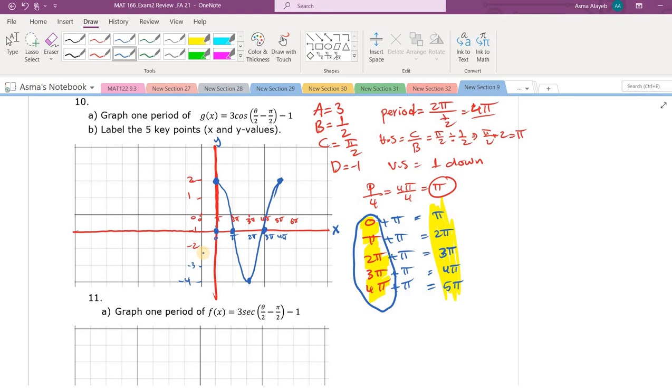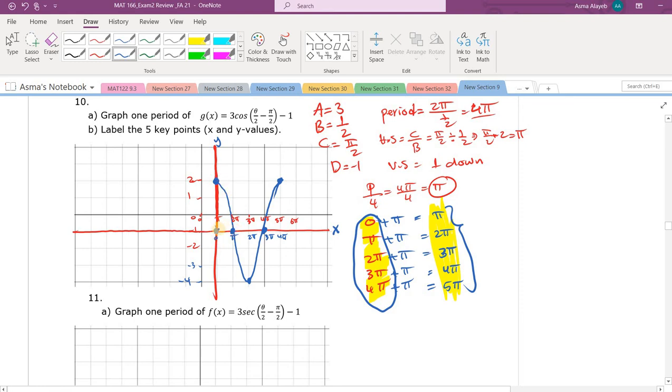You can always add the horizontal shift and then do the numbering on the original axis. But notice this is going to confuse you, because when you draw the 0, you tend to draw it on the original x-axis, while you should do it on the shift, on the vertical shift. And then you're going to label these points.